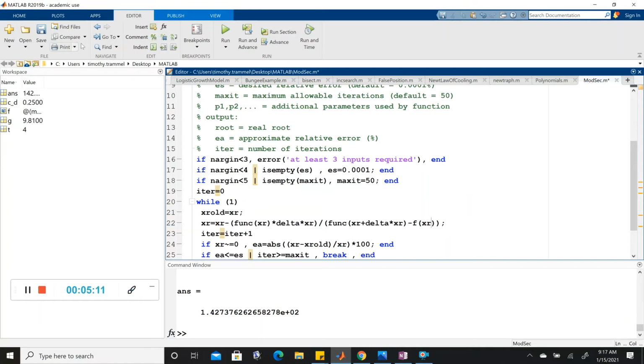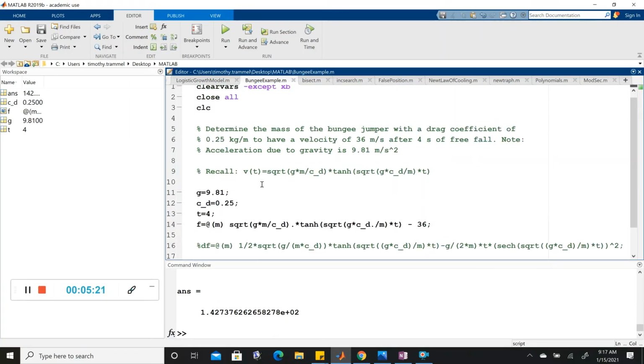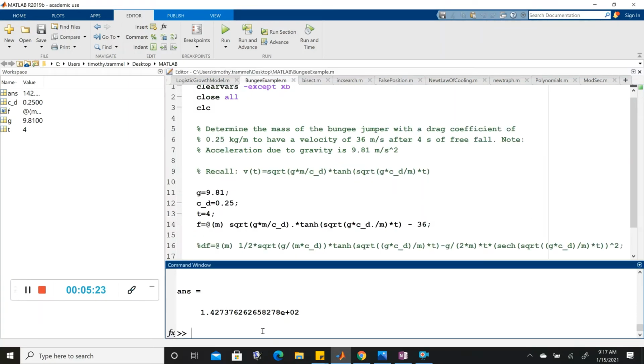Again, we'll just use the bungee example since we already know what the root is. In fact, you can actually see what the output's going to be in a second. Let's go ahead and hit bungee, and maybe I'll clear this so we can see that it actually pops up.